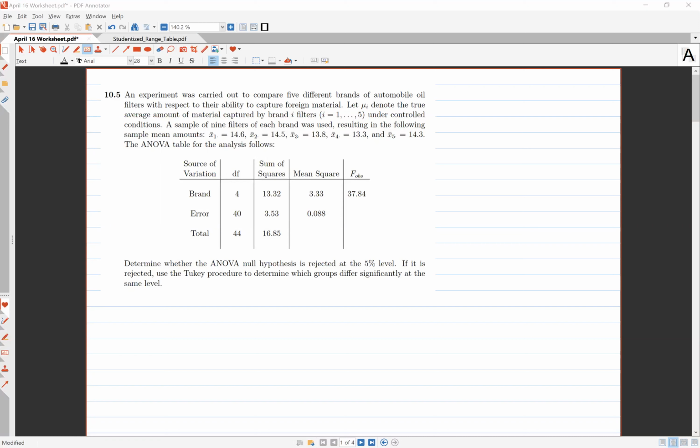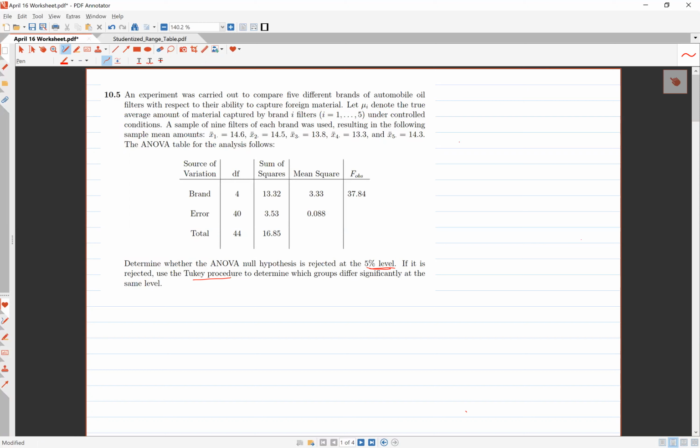And we have the results of how much foreign material they captured. The ANOVA table's already been completed. We still want to implement the ANOVA to determine whether there is a difference, say, at the 5% level. And if our null hypothesis is rejected, then we're going to move on to Tukey to determine which of the brands differ from one another.